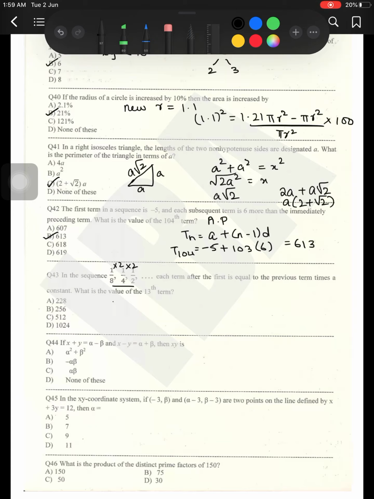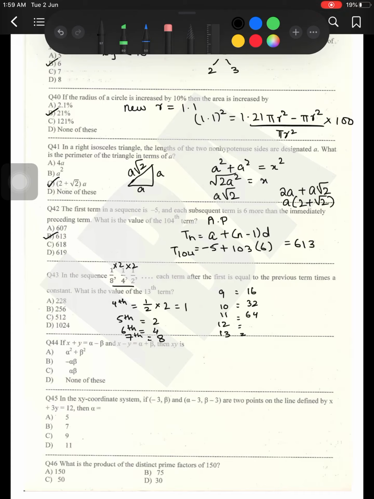We'll do this. Okay, we know these are 3 terms, right? So the 4th term will be 1/2 multiplied by 2, which is 1. The 5th will be 2, the 6th will be 4, the 7th will be 8, then 9, 10, 11, 12, 13th.